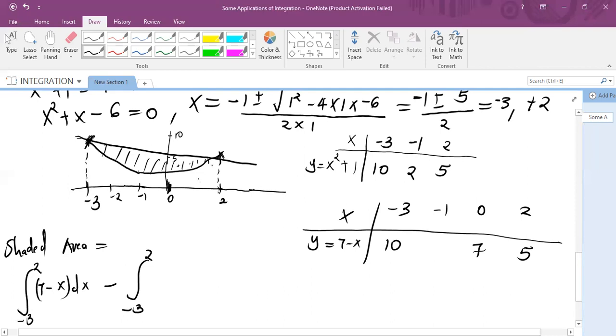And what is this curve? This is our curve x squared plus 1. So basically, that's how I am going to go about this.